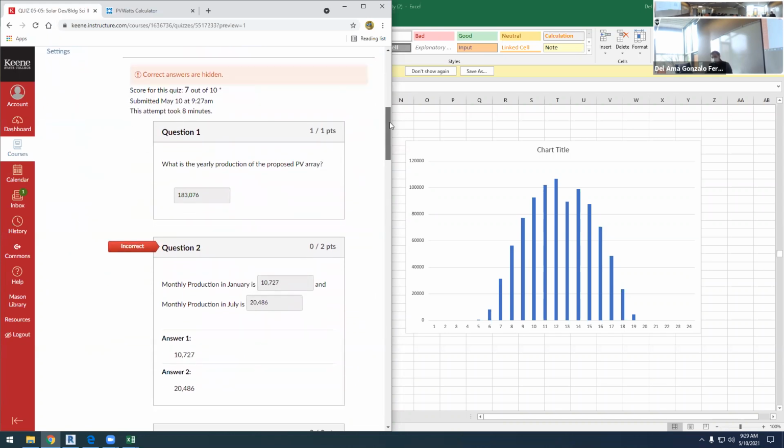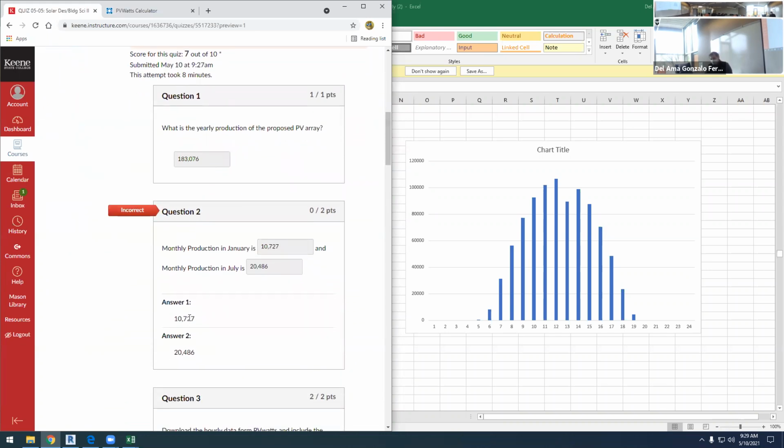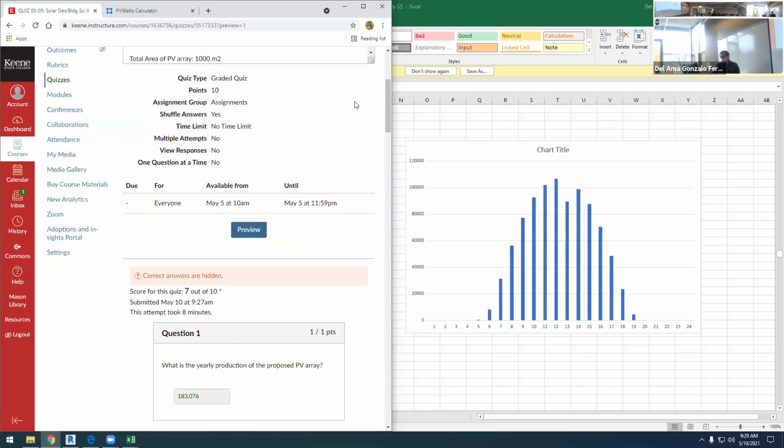The answers are hidden, so I don't know. Yeah, they're correct answers. So I don't know why this is incorrect. Because it's 10,000. Maybe I copied a space or. Yeah, I don't know. Okay, so I'll check this and I'll make sure that even if you copy a space before or after the number, the answer is correct.